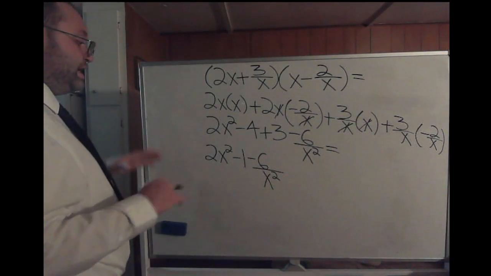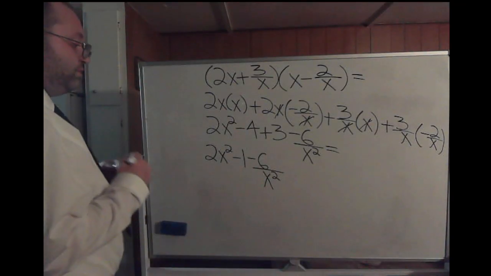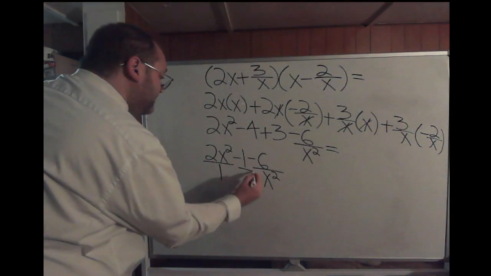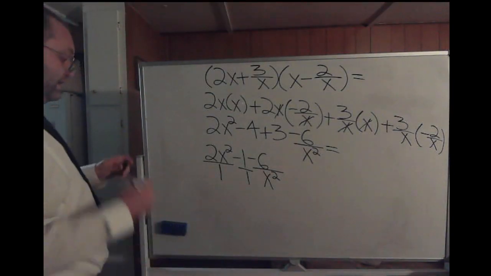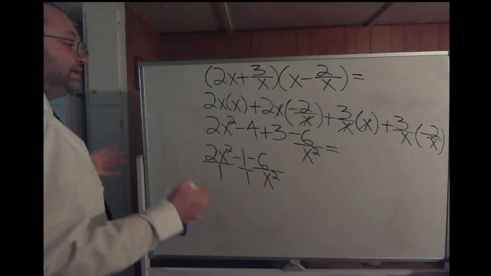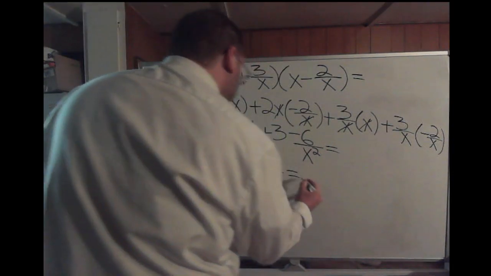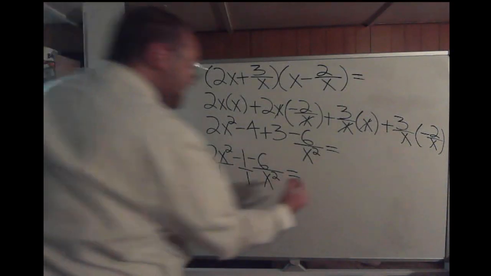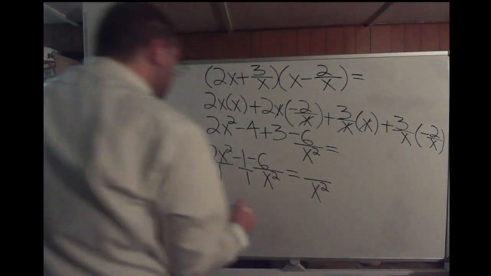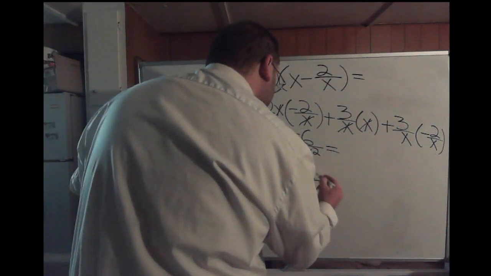Well, we have 3 terms, but we're still going to do it the same way. Your 2x squared has a denominator of 1. Your negative 1 has a denominator of 1. So between 1 and x squared, we need to find the least common denominator. That would definitely be x squared. Let's convert the first term to make that denominator x squared. We'll do just that. Well, 2x squared times x squared is 2x to the 4th.